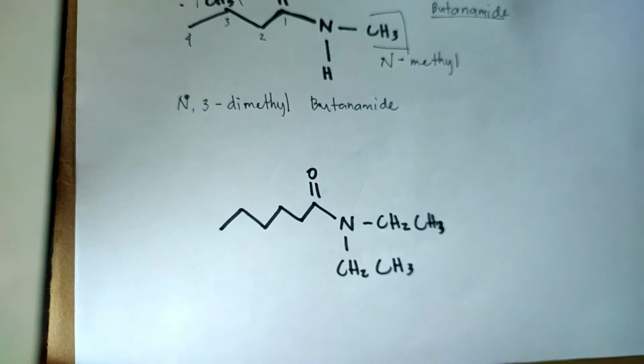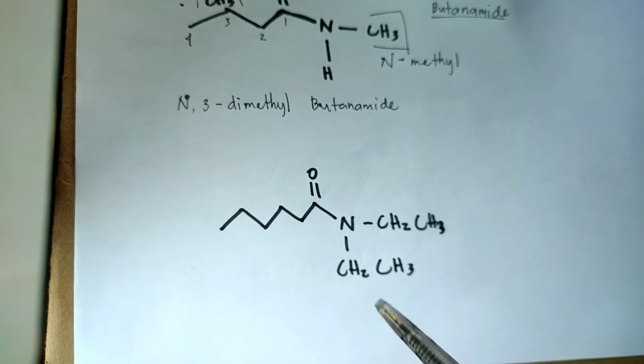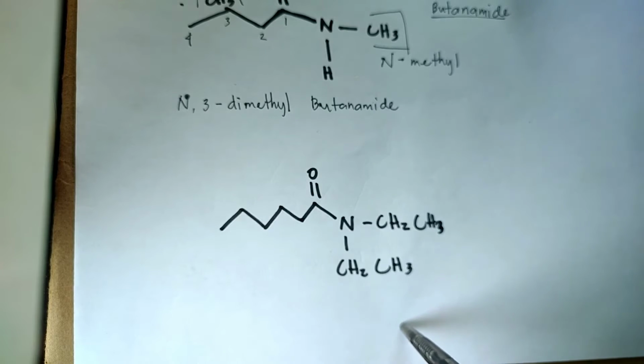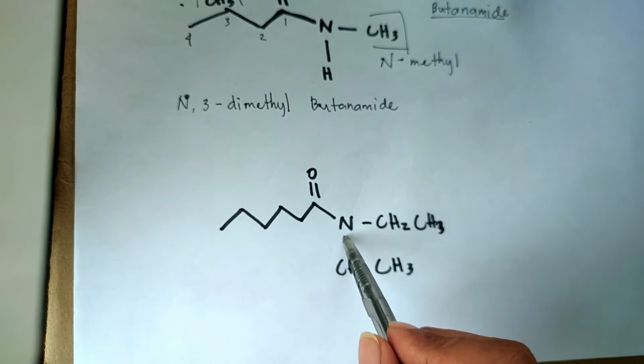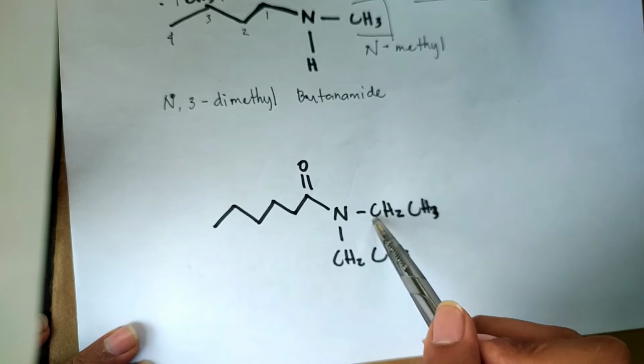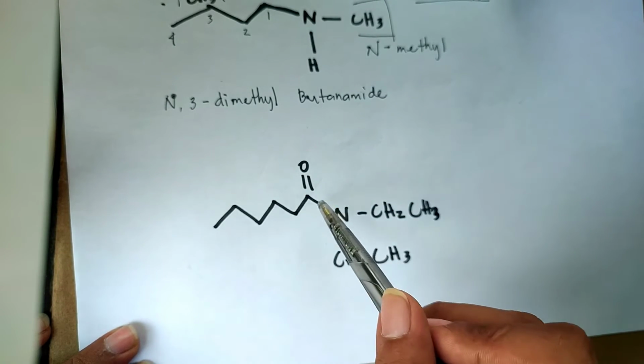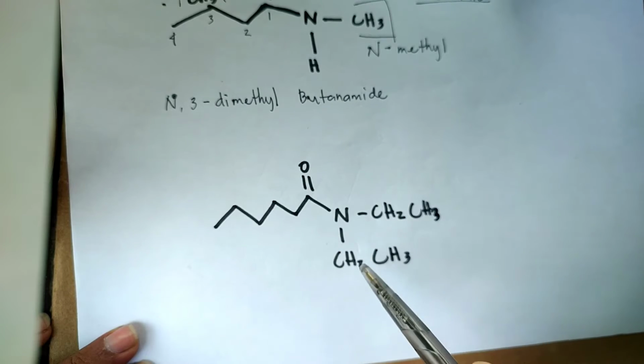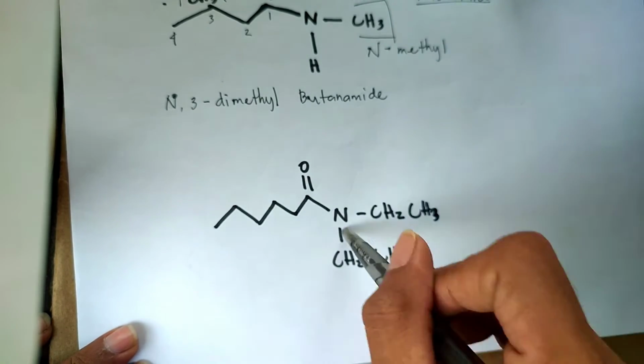What kind of amide is this? It is a tertiary amide because there are three carbons attached to the nitrogen: 1, 2, and 3.